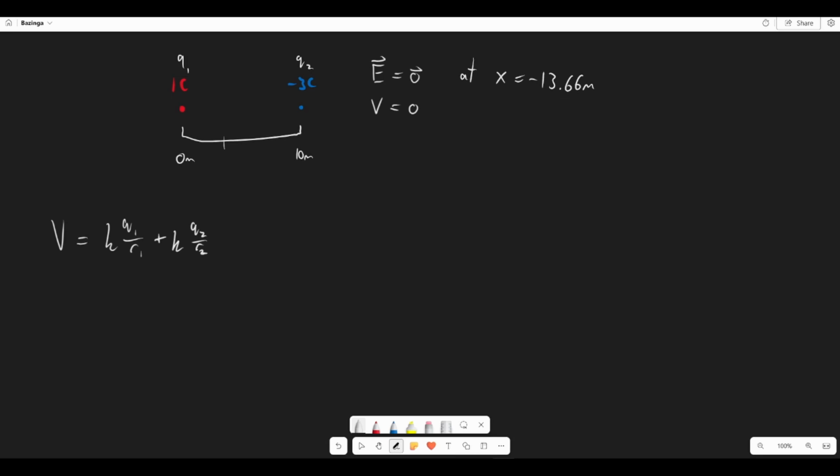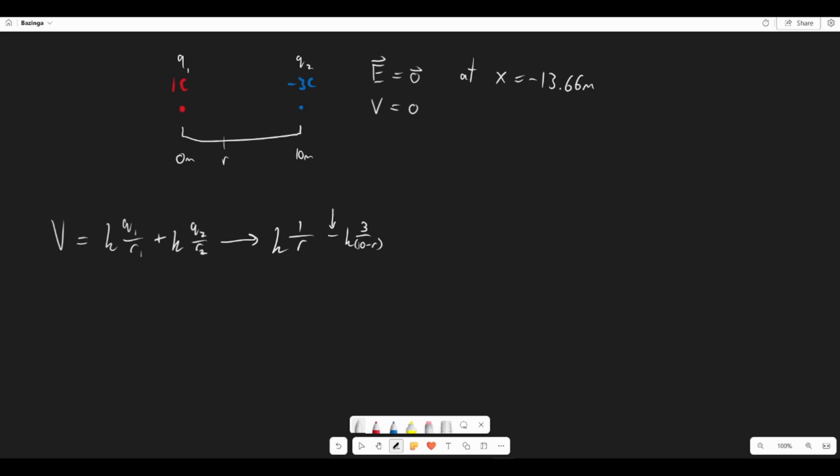Now, in the event that the point lies somewhere between 0 and 10, we'll write kq1, which is 1, divided by r. I used r to represent this before, so I'll keep the same convention. k times 1 by r minus k times 3 by 10 minus r.